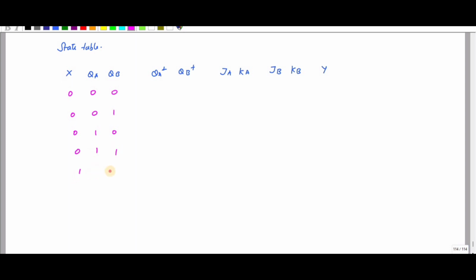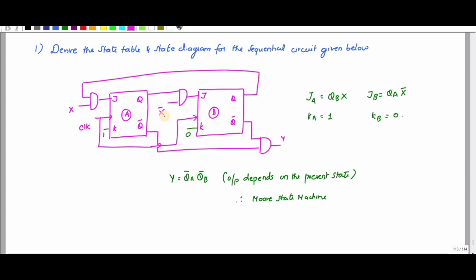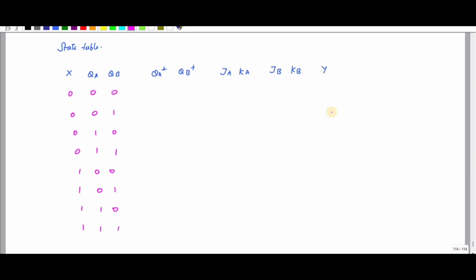What is the value of JA? JA is equal to QB into X. If X is 0, JA is 0. If QB is 0, the output is 0. For the rest it is 1.